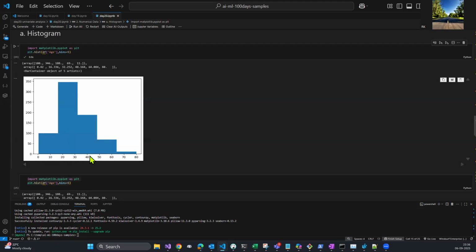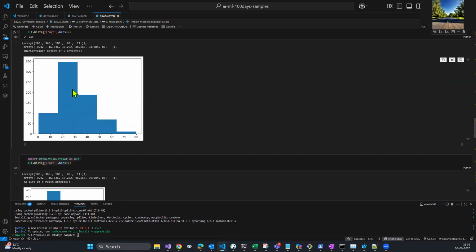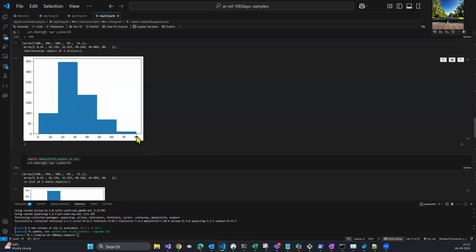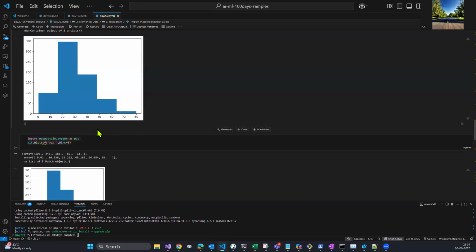So this data has a skewness, and this one would be an outlier as well. With this, we can understand the data distribution. So there were a few people, it seems, up to 80 years as well.